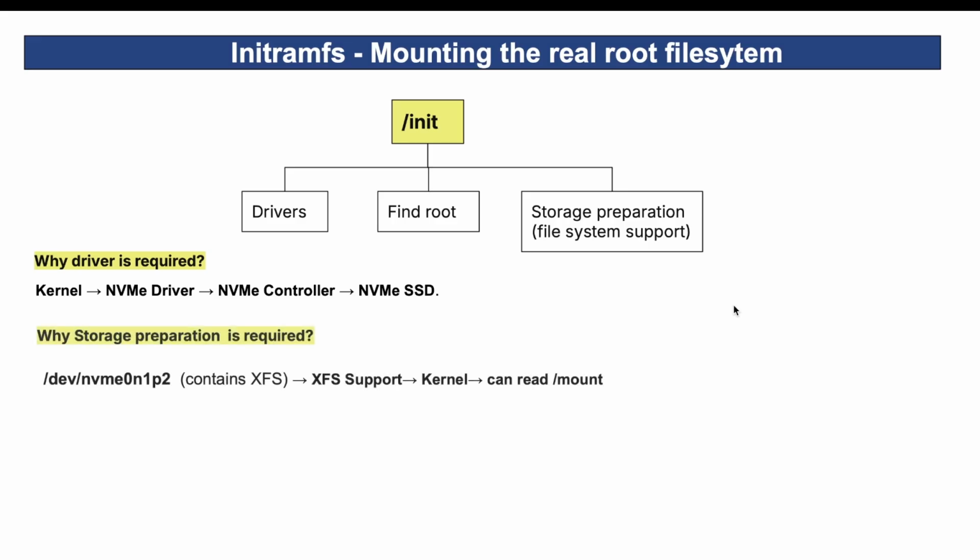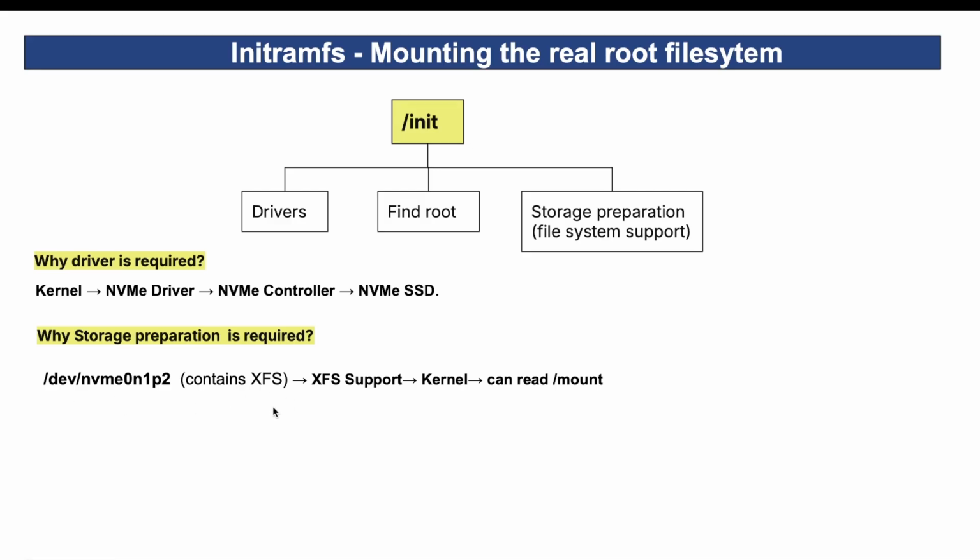Similarly, for the file system support, suppose your partition has the file system type XFS. The file system support tells the kernel how to understand the file system stored on that particular device.